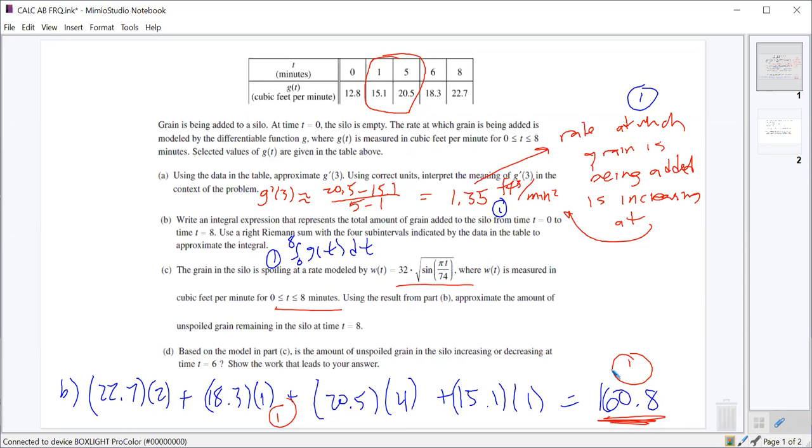There was 160.8 plus whatever the initial was. Well, the initial was 0, right? It was empty at the beginning. So this ought to be 160.8 minus the integral from 0 to 8 of w of t dt, the amount that spoils.